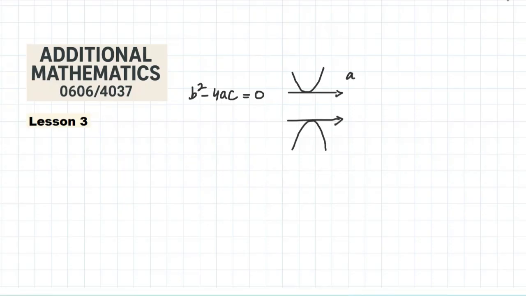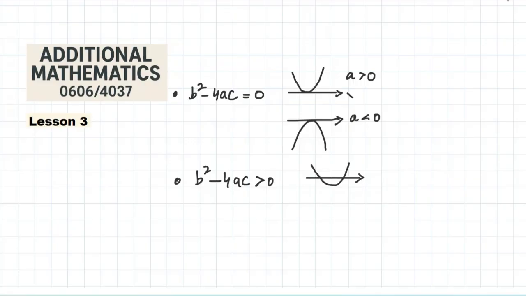This is when a is greater than 0, and this is when a is less than 0. That's your first bullet. And when b squared minus 4ac is greater than 0, then you have a situation like this. The graph intersects the x-axis at two distinct points like this, or maybe the upside down parabola, depending on the value of a.